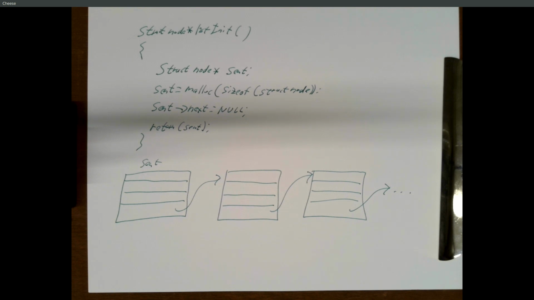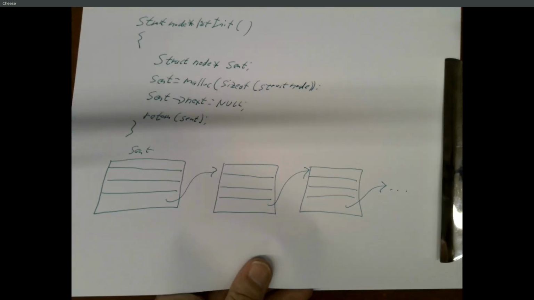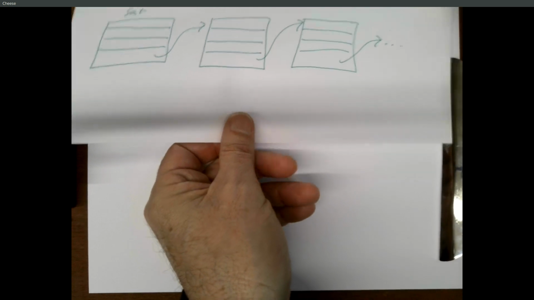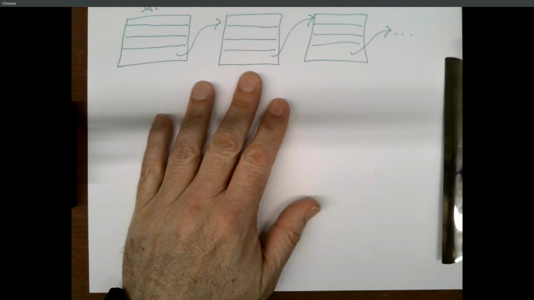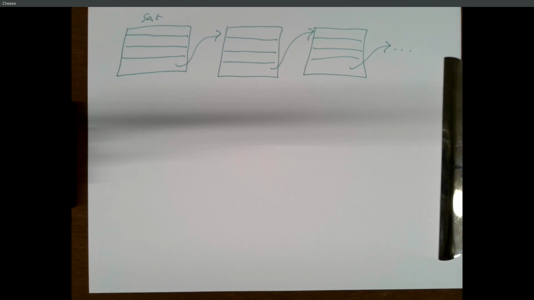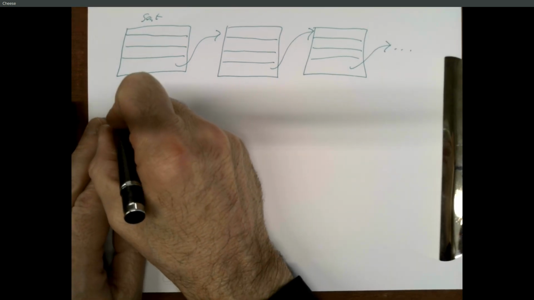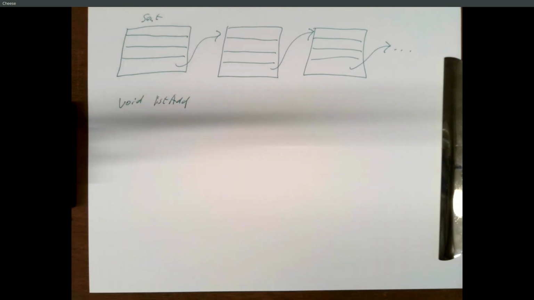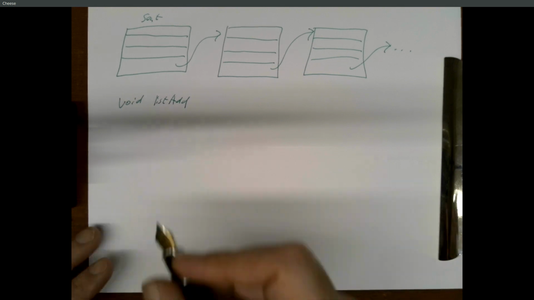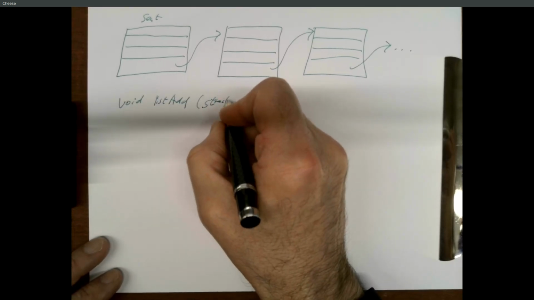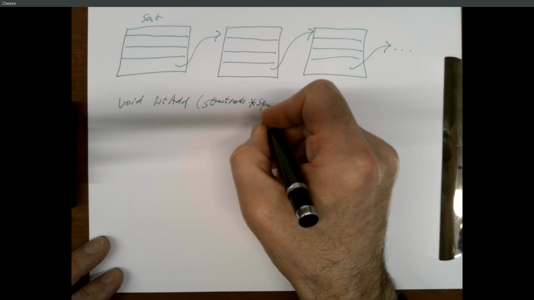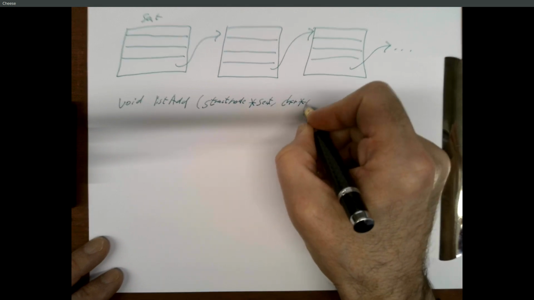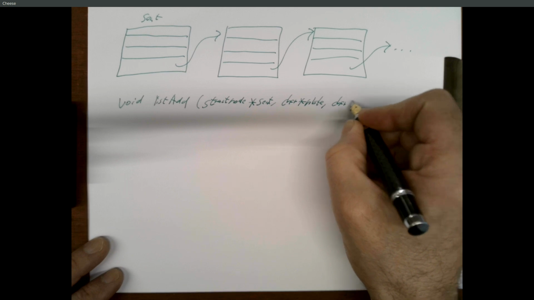And we want to add a new license plate, first name, last name node. All right, so let's see. Void list add. List add or add list? List add. So we got a sentinel, got a plate, first and last.